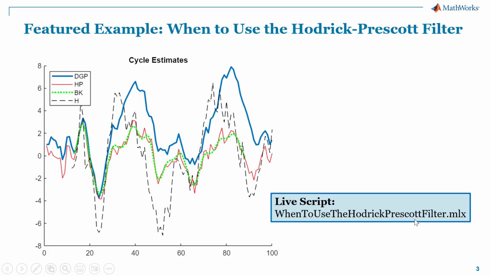You can include text and code, and then include the outputs from the code, numerical outputs, graphical outputs, right in the display, and create a kind of narrative or a presentation of a series of ideas. So live scripts are handy for comparing and contrasting these different filters.